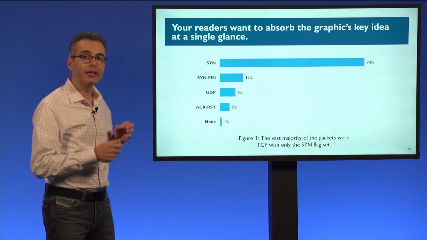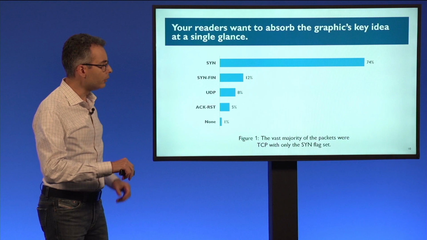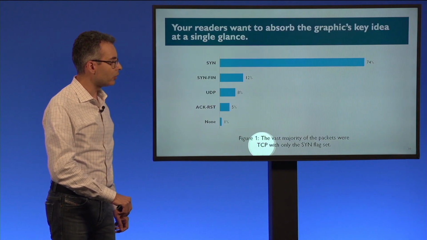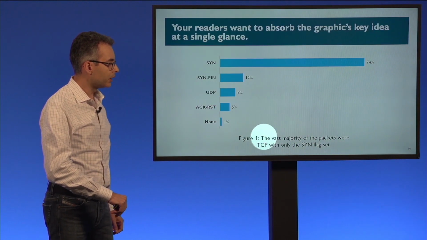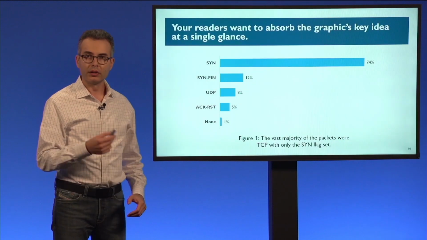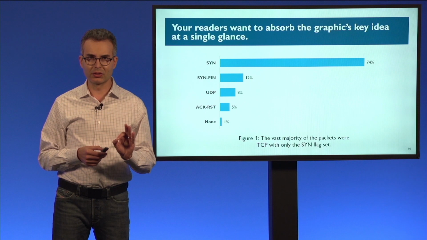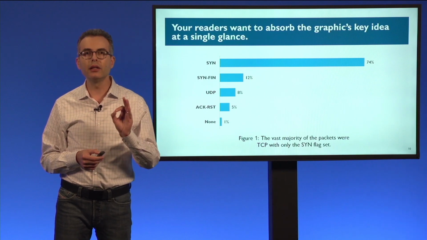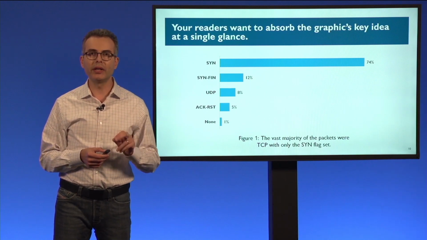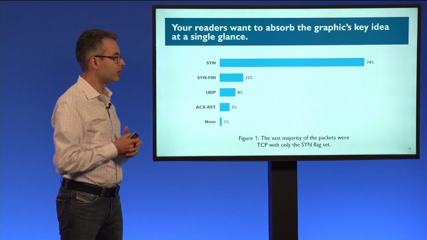And therefore, I really encourage you to include informative titles or captions for your graphics, whether you're talking about screenshots or charts. Here, for example, I inserted a full sentence that summarizes the conclusion at which I want my reader to arrive when they look at this chart.